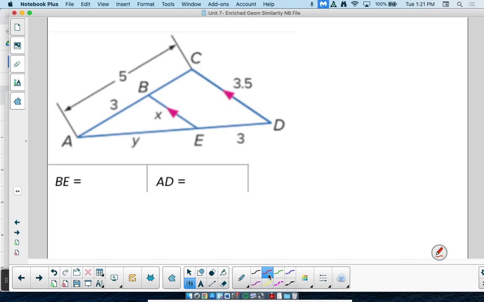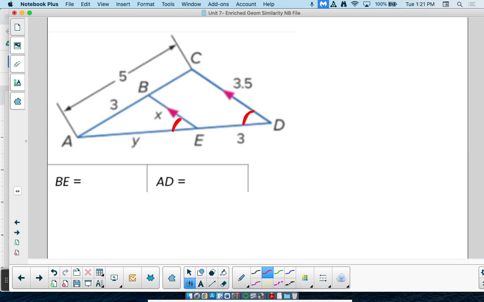E and D, or B and D. When you have these three letters, if there's multiple, E, B, and E, B, or E, D, C. I think I heard someone say this angle and this one. Why? Because they are corresponding. And you guys see how angle A is in both triangles?